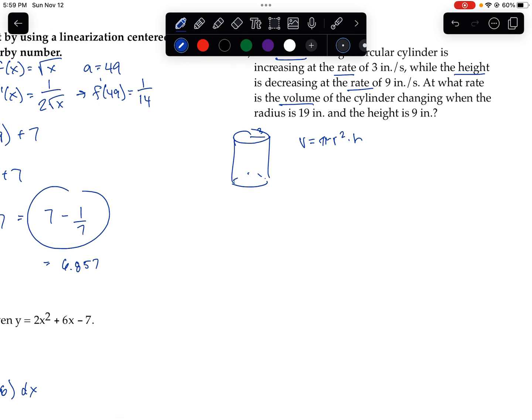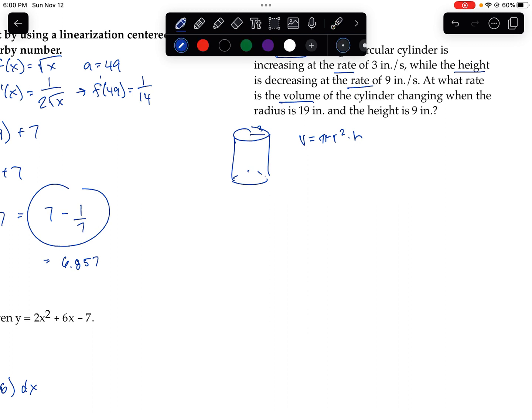Nothing's constant here, because the height is changing, the radius is changing, and the volume's changing, so none of these variables are constant. And we have the rates of each of r and h, so we'll just take the derivative.